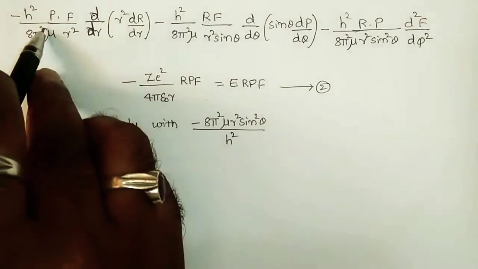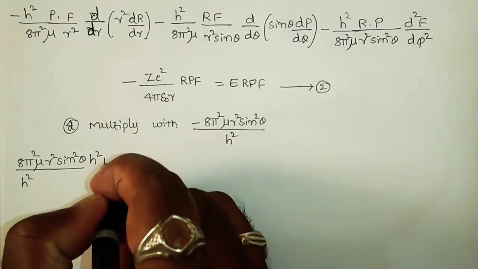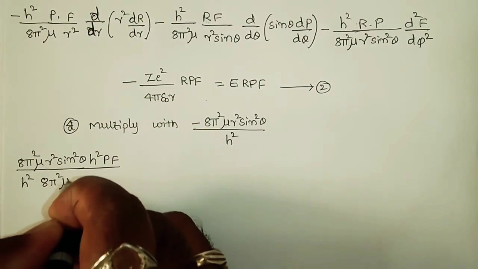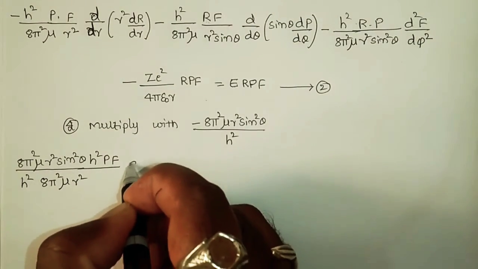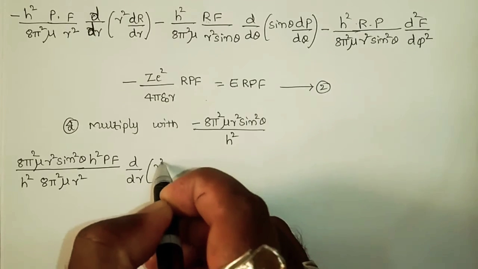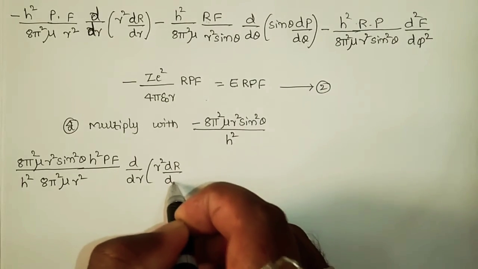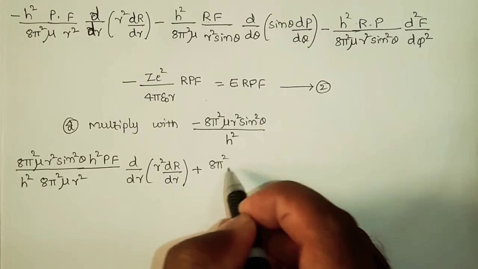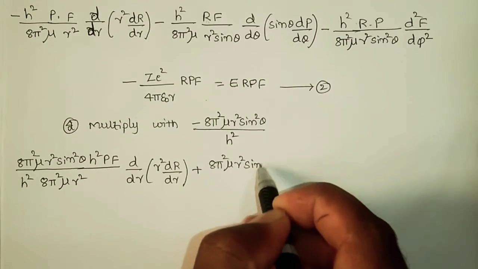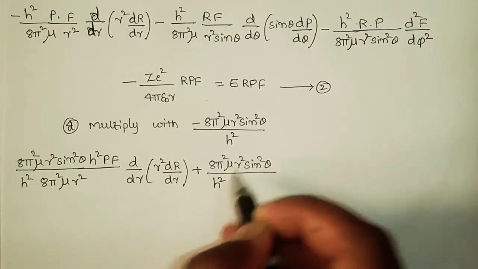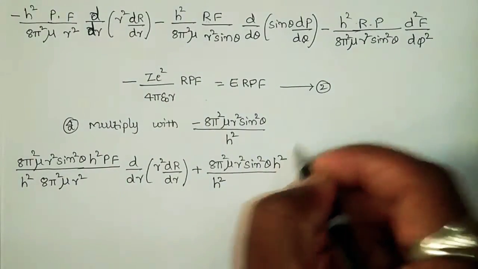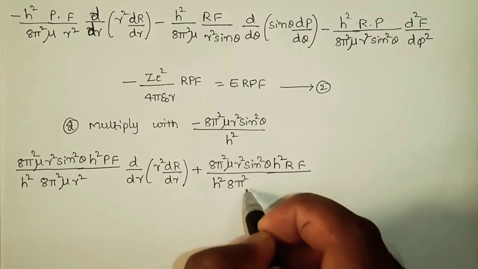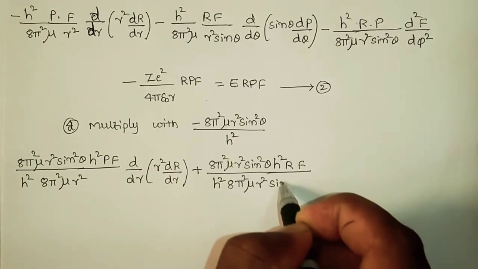This is the term I have taken, this should be multiplied, and here we have h square p f, and then the denominator 8 pi square mu r square, and the remaining thing d by dr of r square dr by dr, and minus into minus, again it will become plus, again I'll write the same term 8 pi square mu r square sine square theta whole divided by h square, and here we have h square at the numerator, r f we have, and at the denominator we have 8 pi square mu r square sine theta.